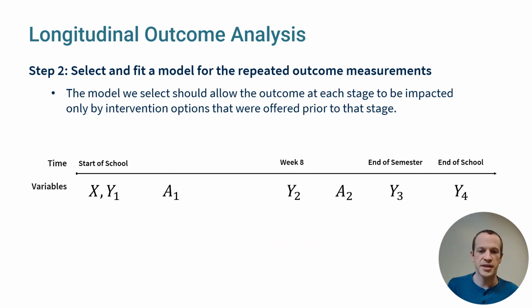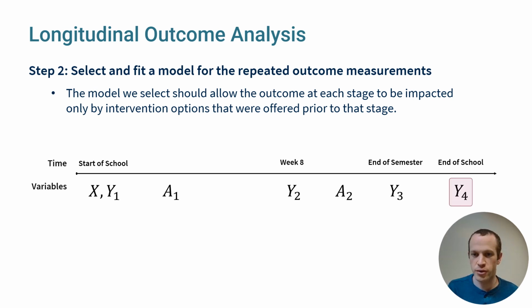And the reason for that is now we have a temporal ordering to all of these variables, right? We observe these variables first, then these, and then finally we've got our end of study outcomes. So we need to set up the model such that each outcome can only be affected by interventions that have already occurred.